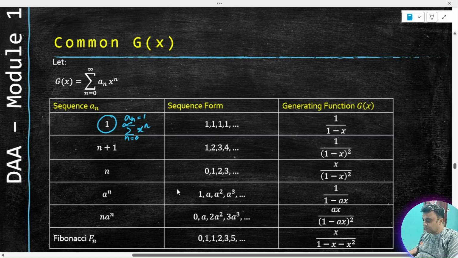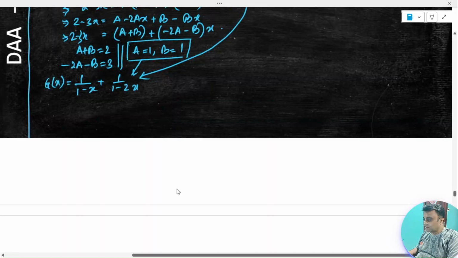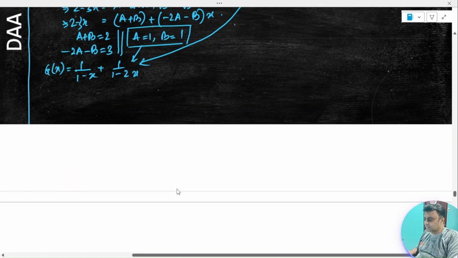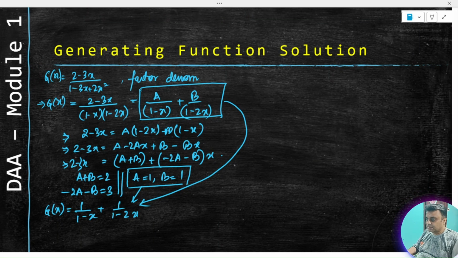So let me put this here: 1 by 1 minus x is equal to sigma n equal to 0 to infinity of x to the power of n. Just now from the table we have found out.